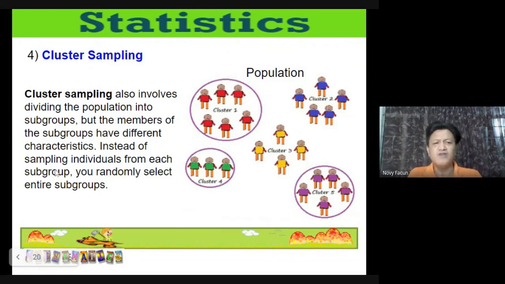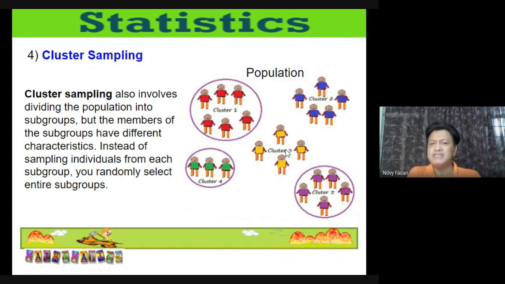And with that, instead of sampling individuals from each subgroup, you randomly select entire groups. For example, sa city, meron diyang District 1, District 2, District 4, and so on.